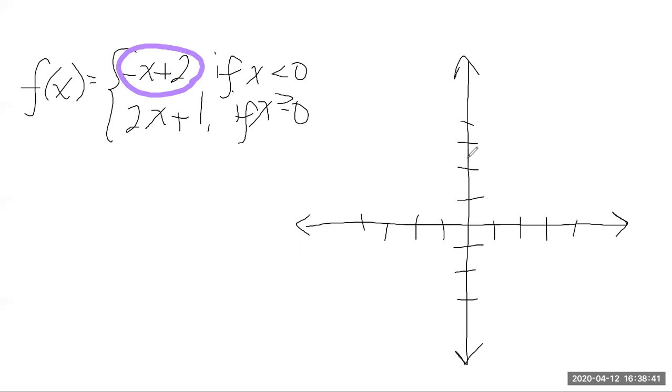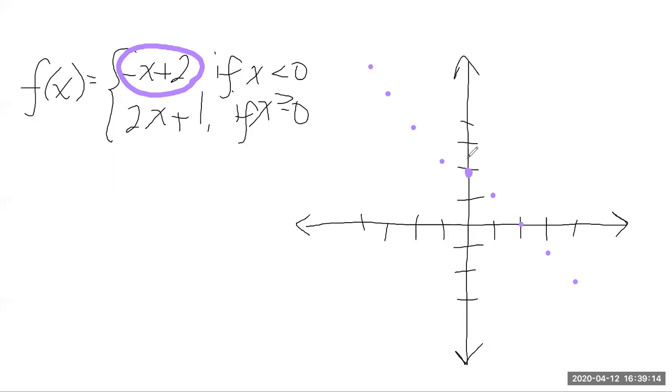If you were going to graph that equation, it would be a line with a slope of -1 and a y-intercept of 2. So if you were going to graph that, you would have a point right there at 2, and then our slope would go down. Over. Okay, that's what our graph would look like.